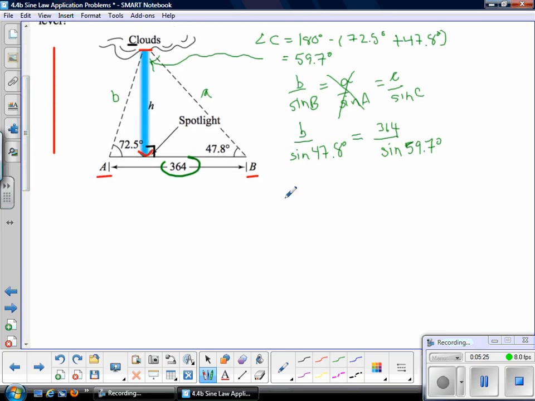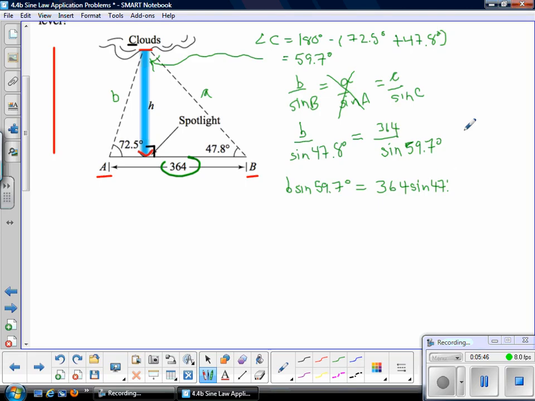So I'm going to go B sine of 59.7 equals 364 times the sine of 47.8.